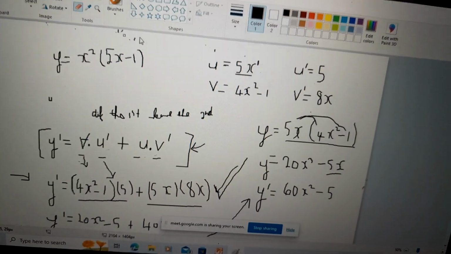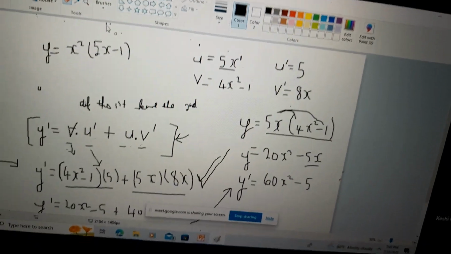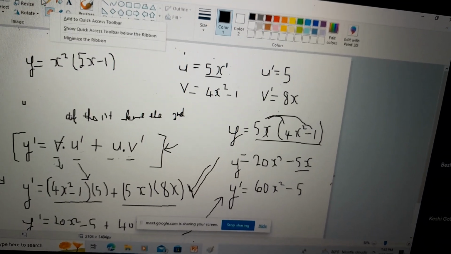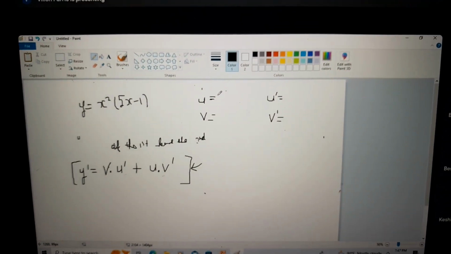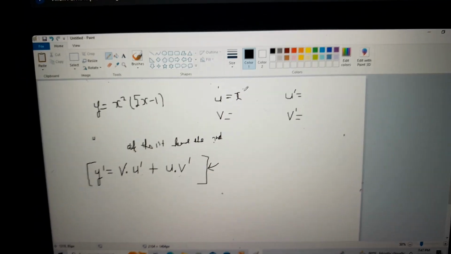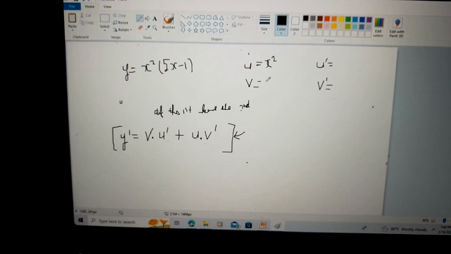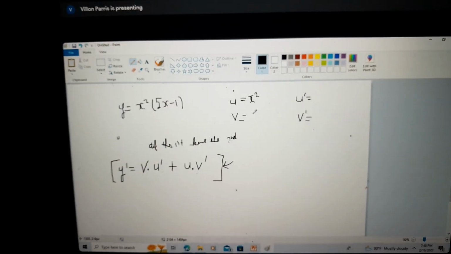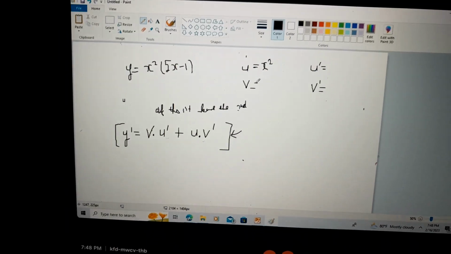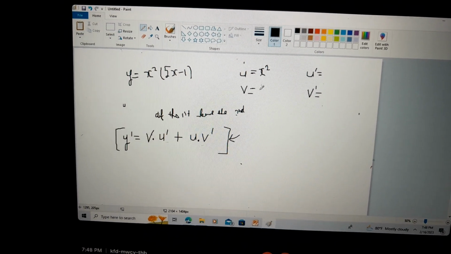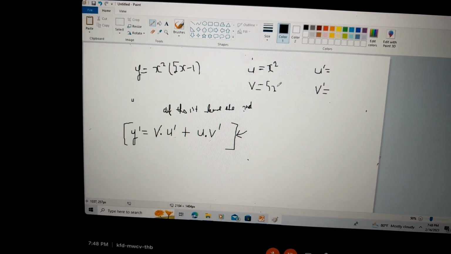So you decide which is your u, which is your v, and go ahead. Sir, x squared. All right, so someone else, what did you put as v then? 5x minus 1. Great, 5x minus 1.